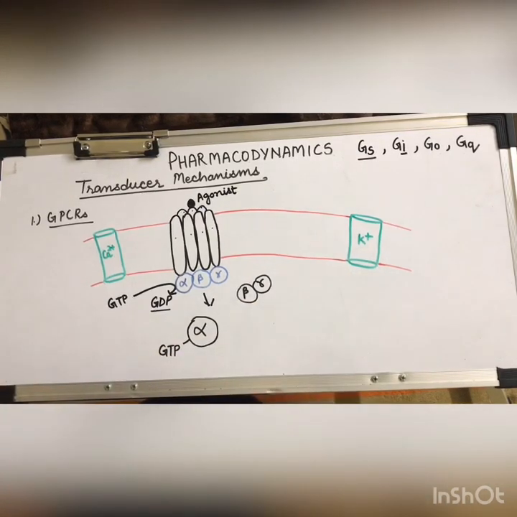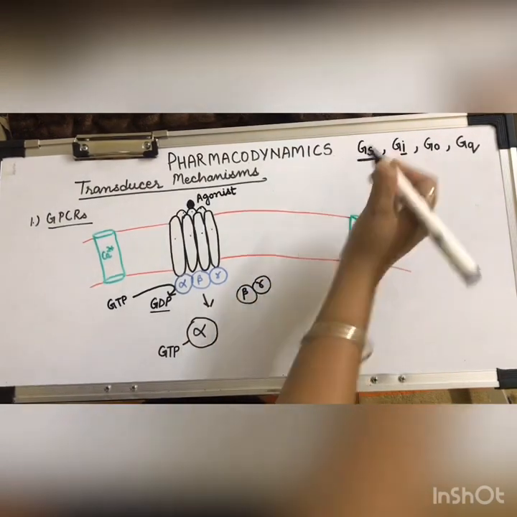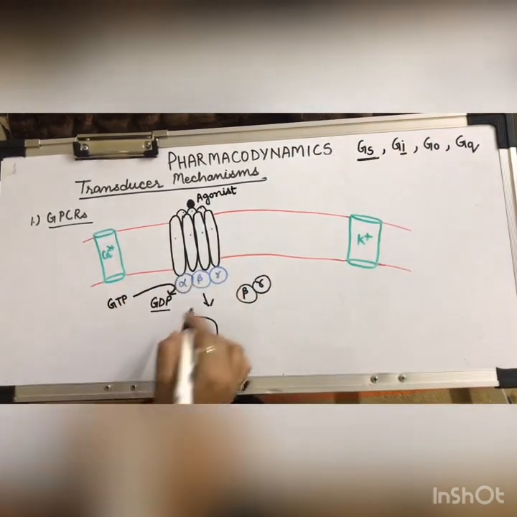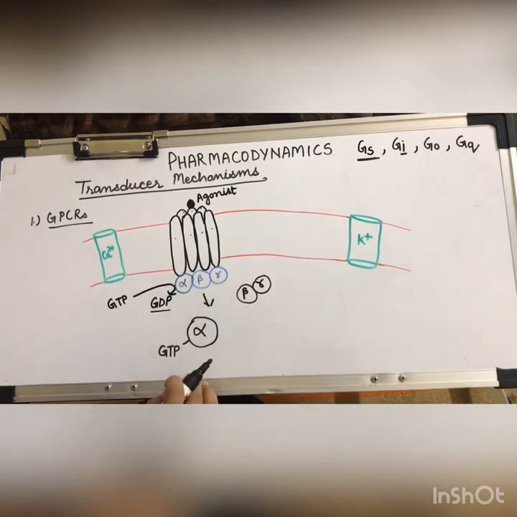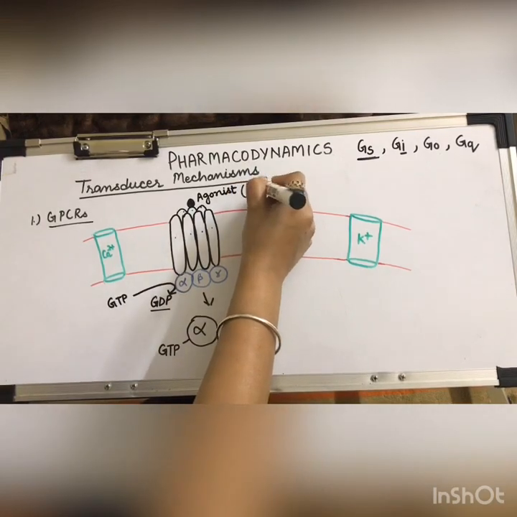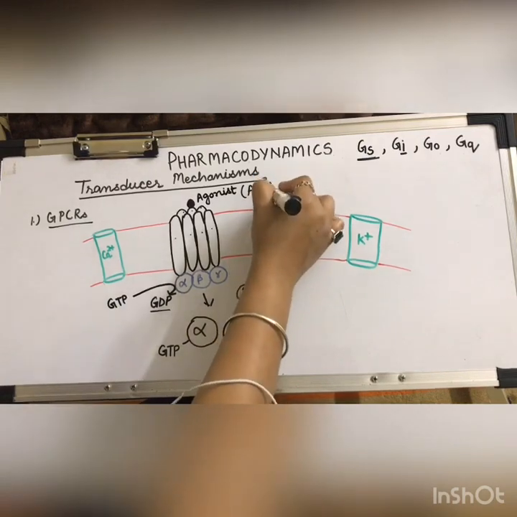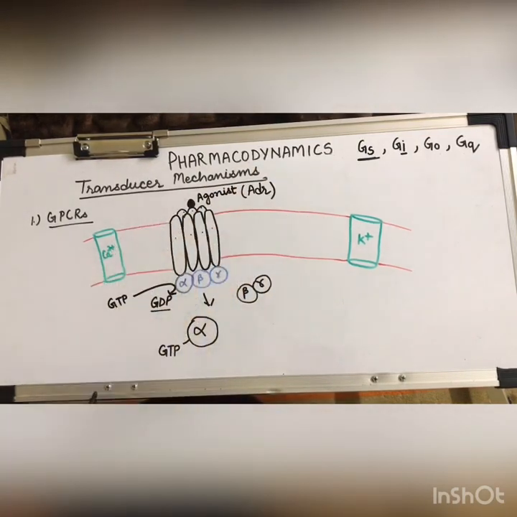As we know, adenylyl cyclase activation is done by the GS proteins. So let us consider now these proteins are GS proteins, and our agonist, let us suppose it is adrenaline. Now when adrenaline will come and bind to these GPCRs, what will happen?